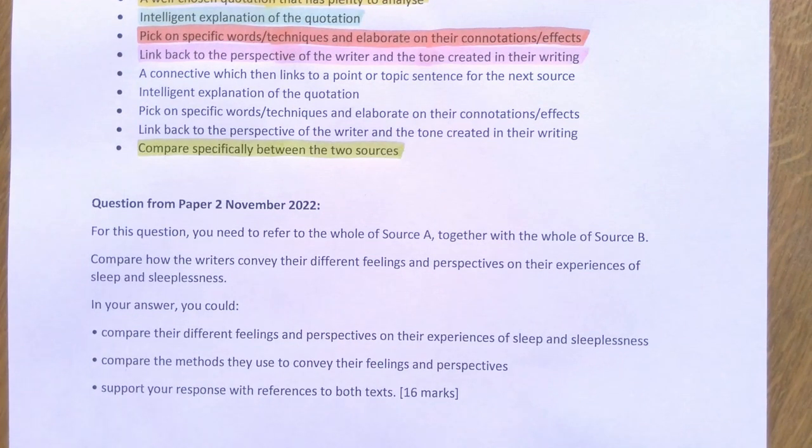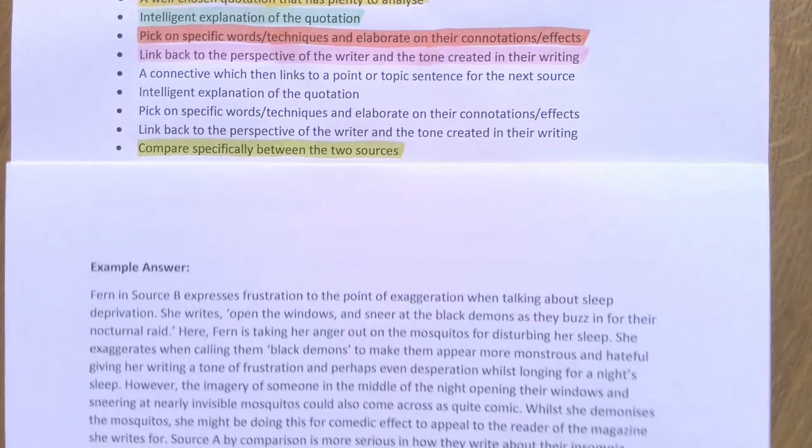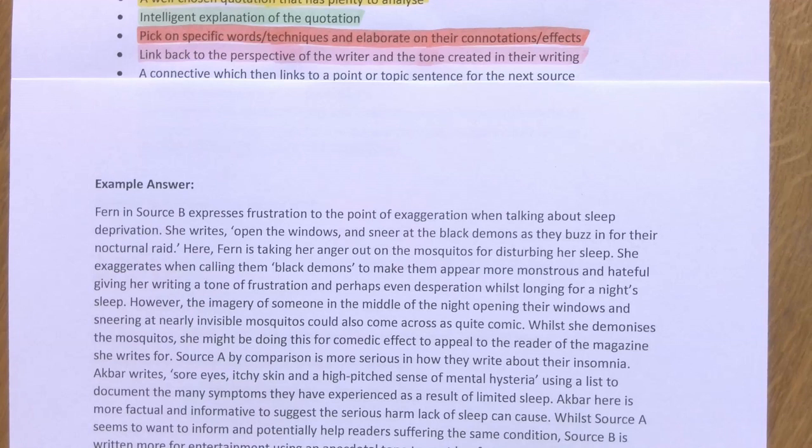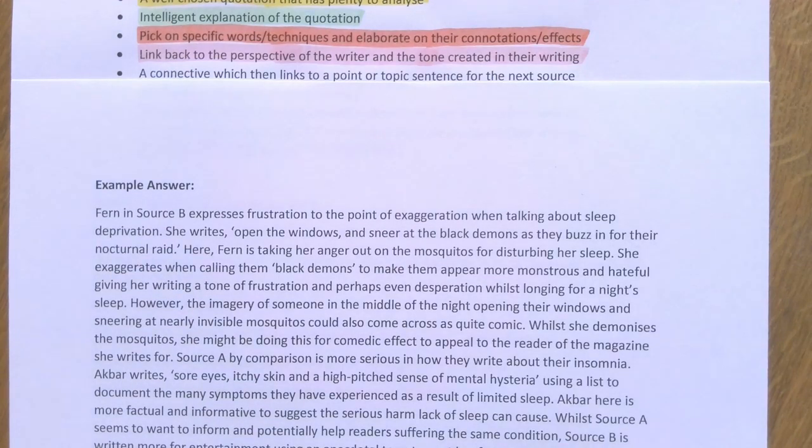Okay, so that's what you need to do when it comes to this one, and let's have a look at an example answer. It's quite a long one because in this case I've combined all of those targets into one great big piece of writing. So let's see how well I do. The first thing that I'm going to need is a point or a topic sentence that explores the perspective of one of the authors. In this case I'm starting with source B, and let's have a look. What did I put?